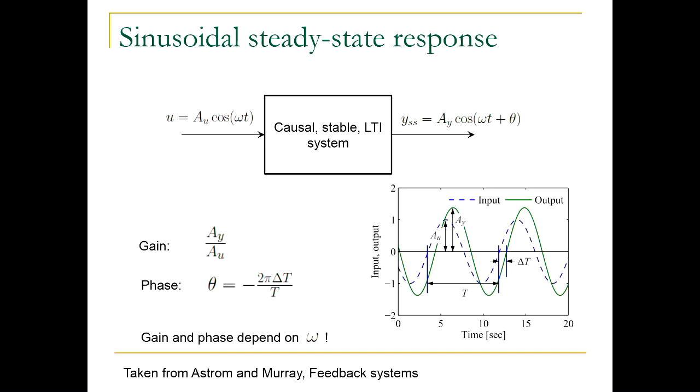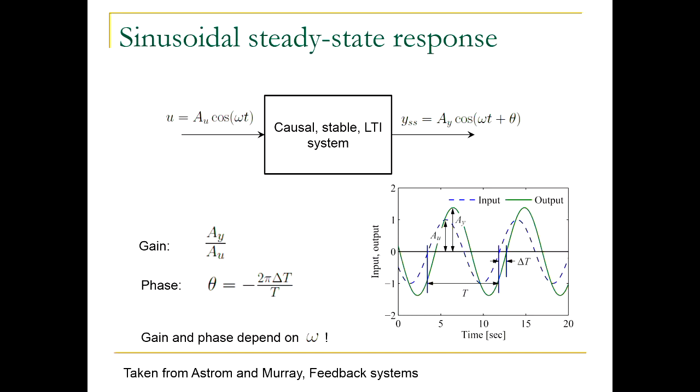Well, the gain basically tells you by how much the system would amplify the amplitude, right? And the phase will tell you how much these two signals are shifted with respect to one another, right? Now note that both gain and phase would depend on frequency omega. So for each different omega, I will have different gain and different phase, right?